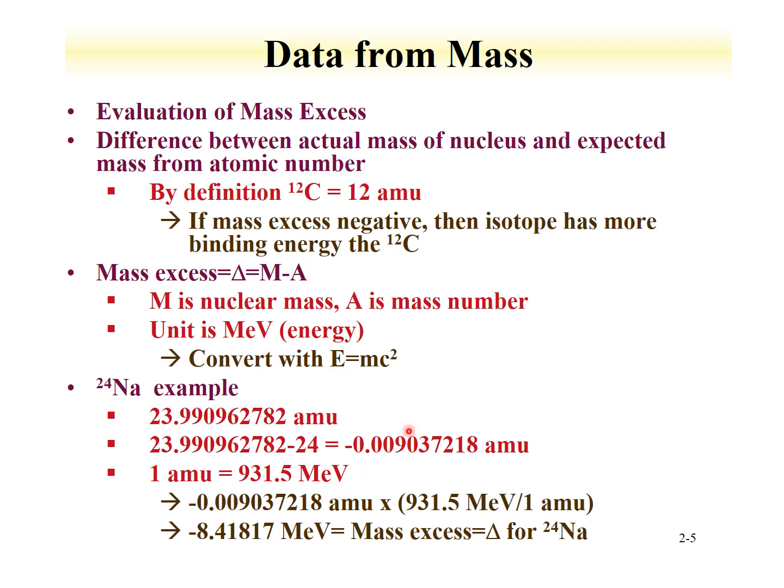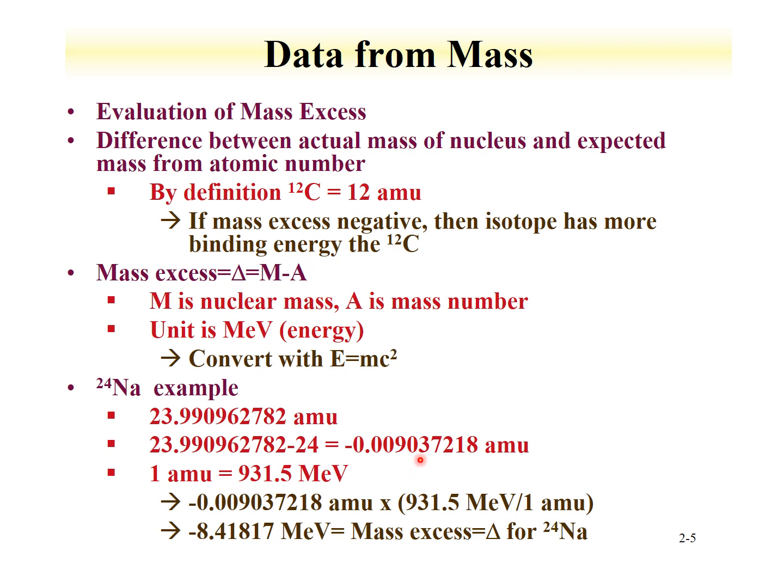So if I take this value and multiply it by 931.5 MeV per atomic mass unit, I get that the mass excess for sodium-24 is equal to negative 8.418, etc., MeV, mega electron volts. This is a value that we could use for equations, and it's a way of quantifying how changes in this mass can be used to help us understand reactions.